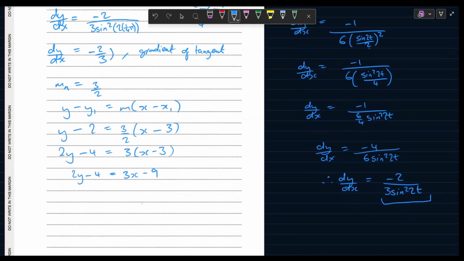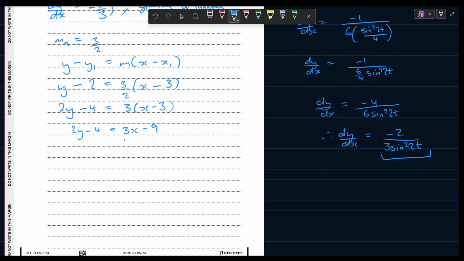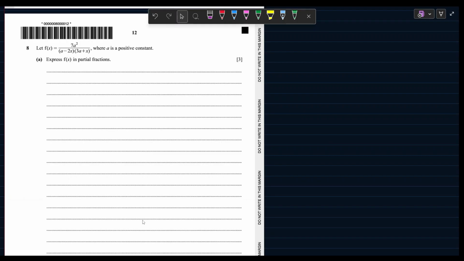And let's move all these terms to the left. So that is 2y minus 3x minus 4 plus 9 is equal to 0. So 2y minus 3x, then that's 9 minus 4, so plus 5 is equal to 0, is going to be our final answer.